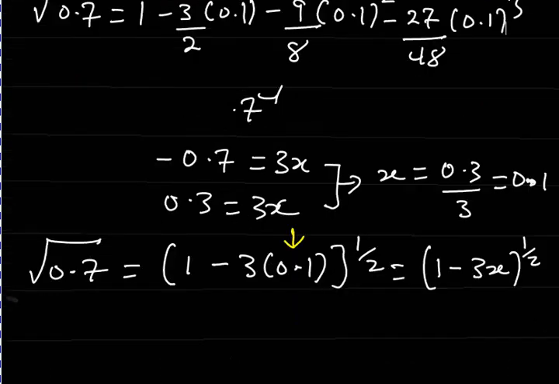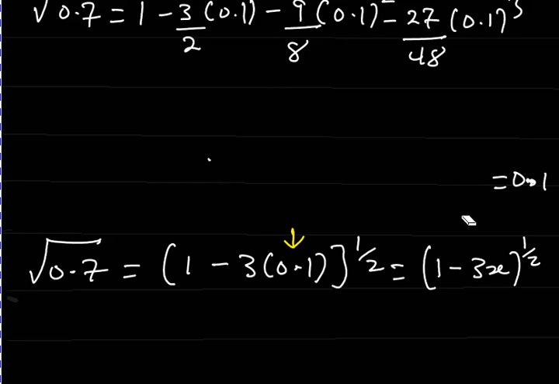Okay, so let's see what we have. This is going to be 1 minus 0.3 divided by 2.